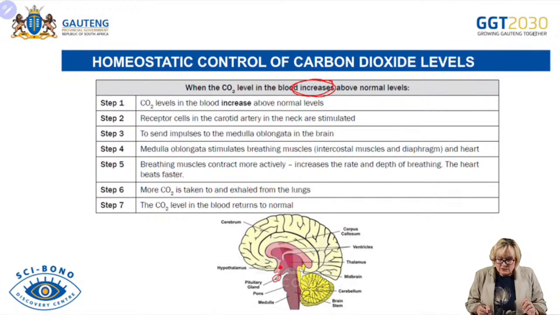And then as you go down into your spinal cord, just above the spinal cord, that little structure there is the medulla oblongata. All right, so it's not in the brain as such, but it's, I want to say, on the top of your spinal cord. That is where you will find your medulla oblongata.